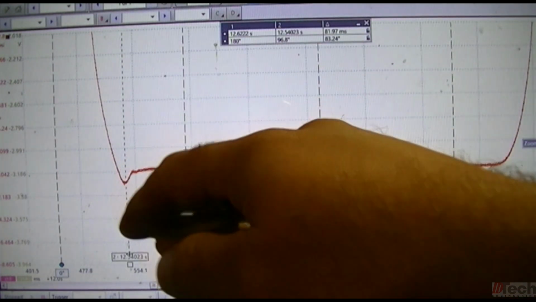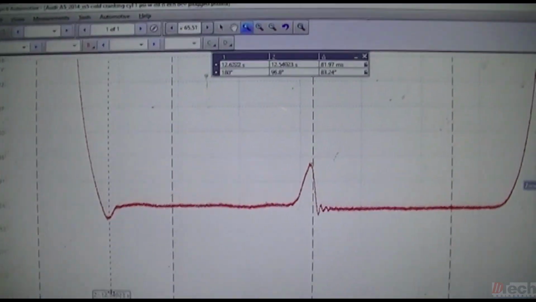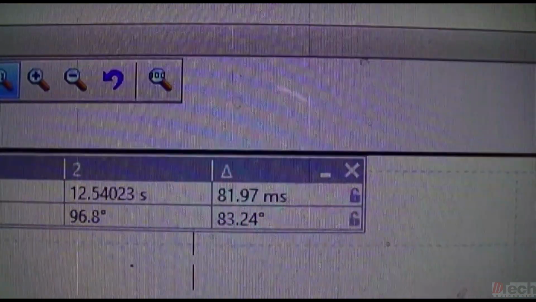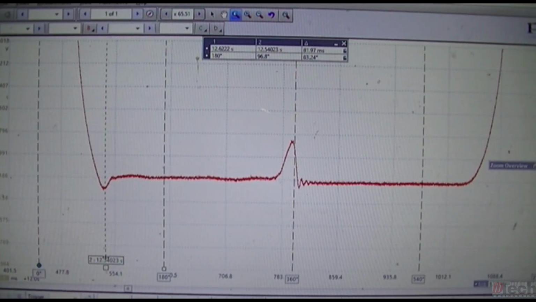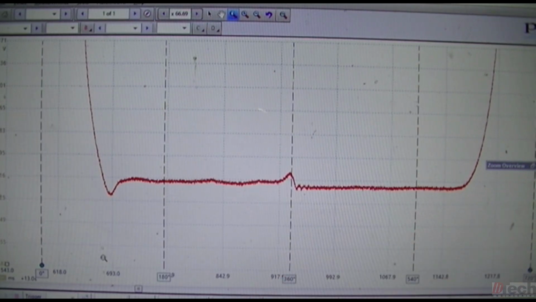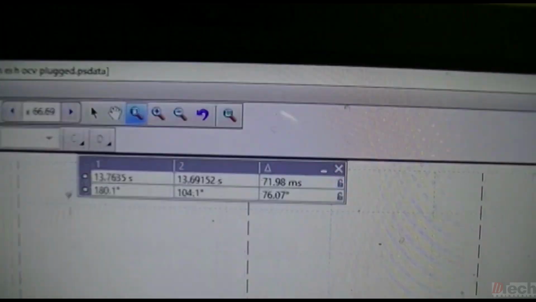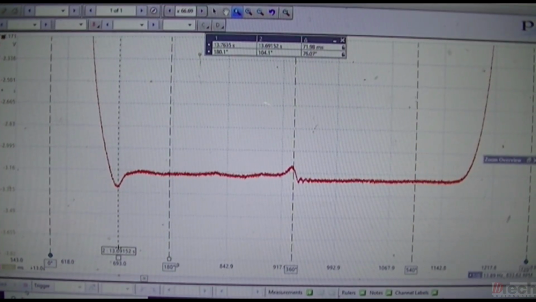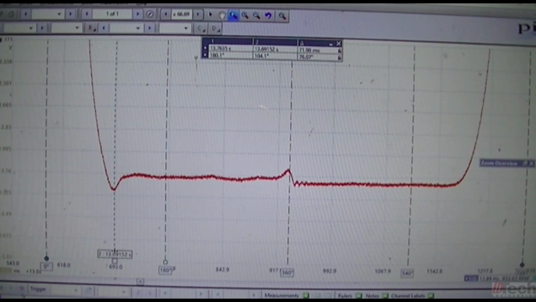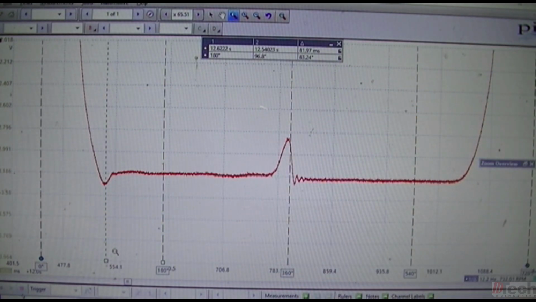Bank 1 exhaust valve opening point that we can measure is showing us 83. Now we'll check bank 2, and bank 2 is showing about 76. So bank 1 is happening about 5 degrees earlier.